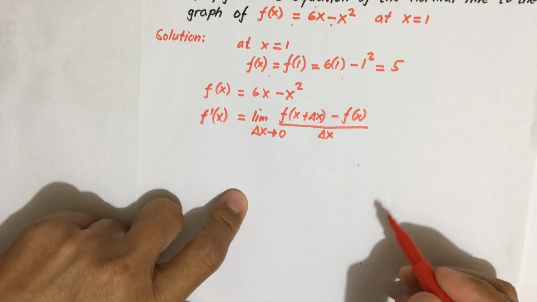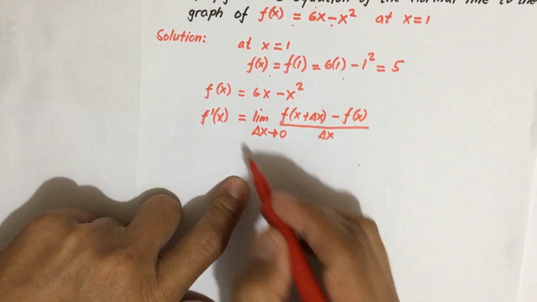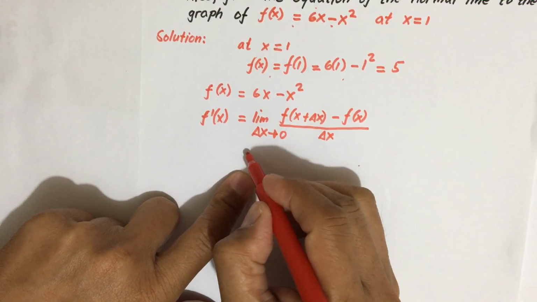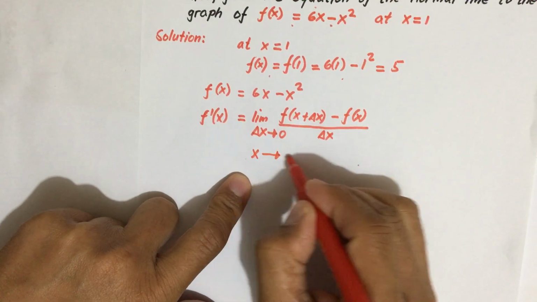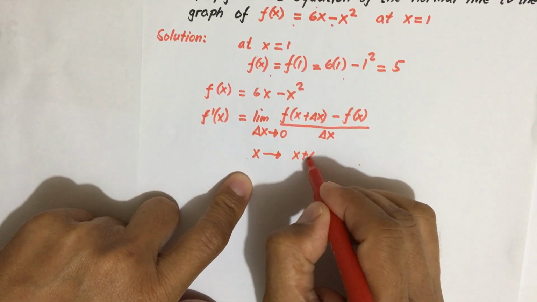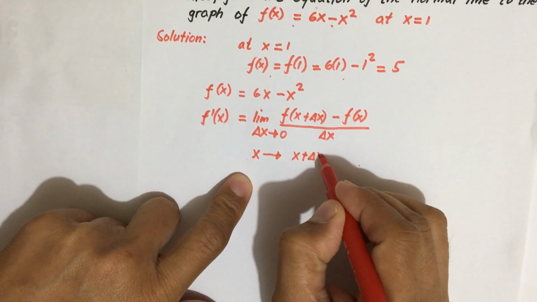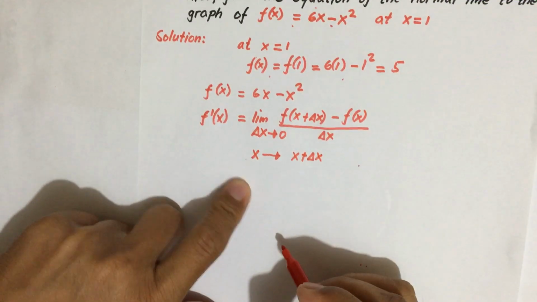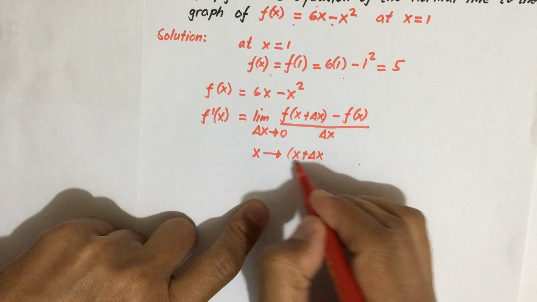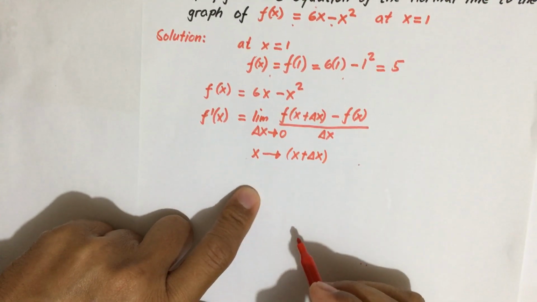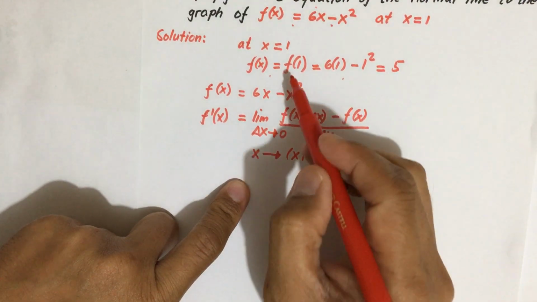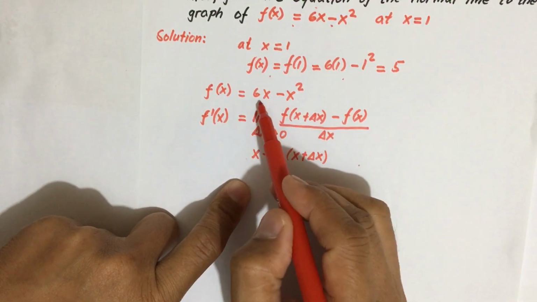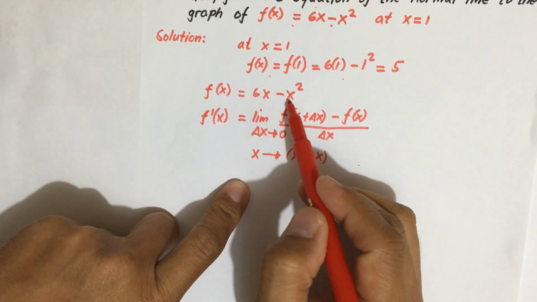So this is our formula, and then we have to change x to x plus delta x. So from this function, we change x to x plus delta x.